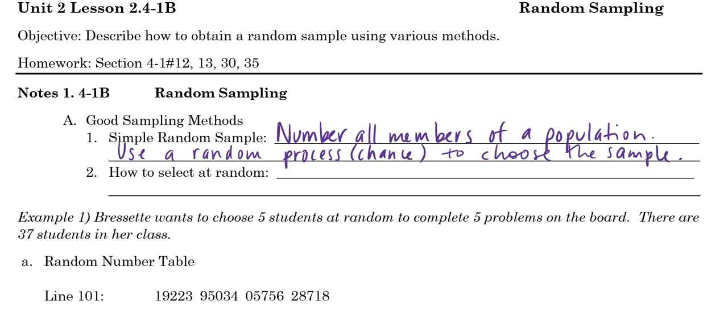Basically the way that that's going to work is like this. Let's say that I was looking at your particular class. If I wanted to take a random sample of students from your class, if I numbered you all from 1 to 38 or however many of you there are, it's very unlikely that if I were to choose 5 numbers randomly, they would all give me students who are on the water polo team.